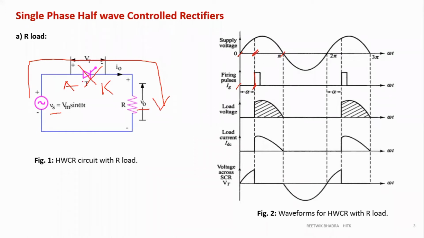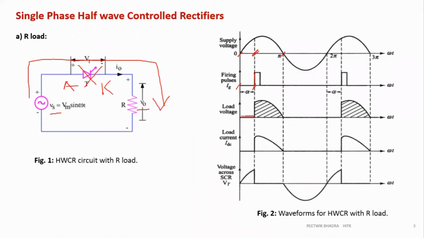You can easily understand this is a switch. If this is open, there will be no power flow from the source to the load. The current will not flow, so I into R will become 0. So V naught will be 0. Until the thyristor is turned on, the output voltage will remain 0.